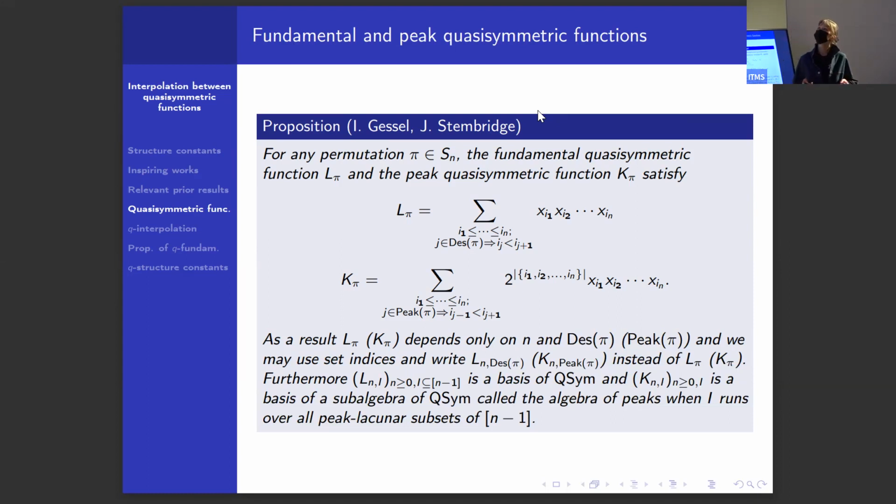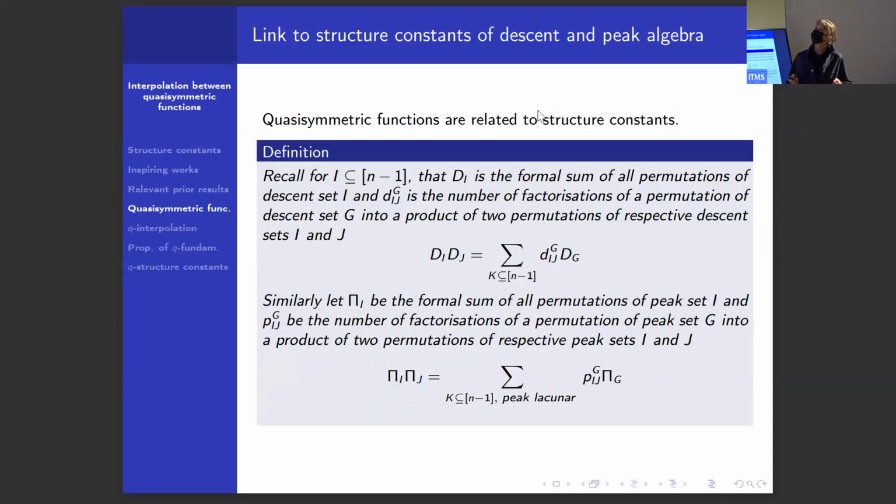The family of all fundamental quasisymmetric functions is a basis of QSym, and the family of all peak quasisymmetric functions indexed by all peak Lackner subsets is a basis of a subalgebra of QSym called the algebra of peaks.